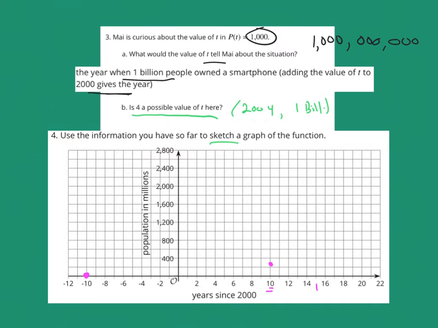So that's going to be right around there. And then 17, right? 2017, 2,320. And so we have these dots to connect the lines.